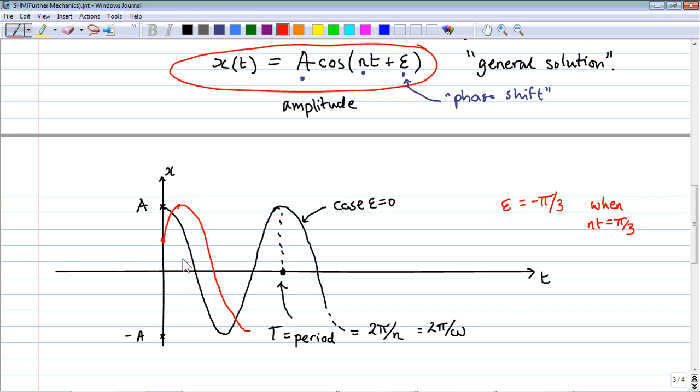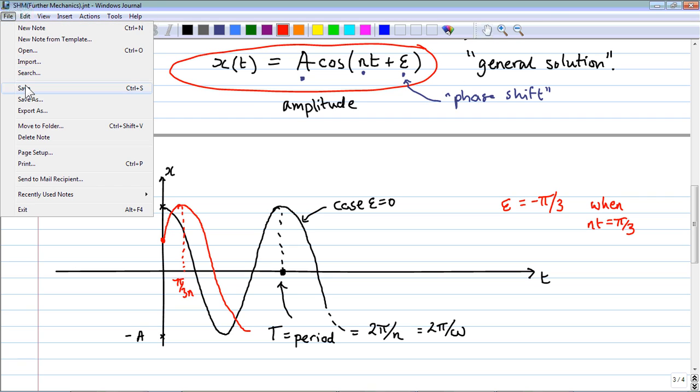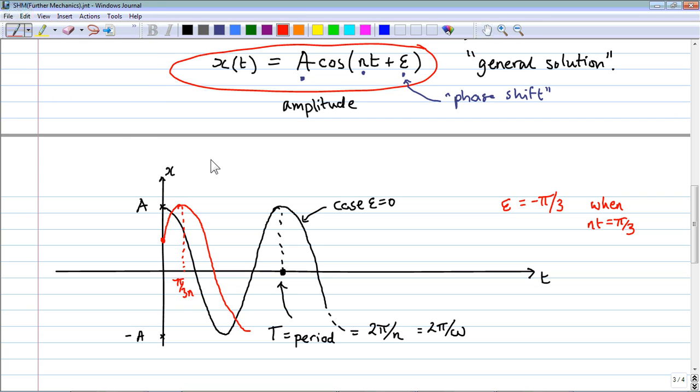Maybe that's a bit difficult to figure out, since without specifying the value of n it's a more general case. But the general idea is that this represents a phase shift. Everything I said there should be fairly familiar to most students in various forms. I won't go into too much detail now.